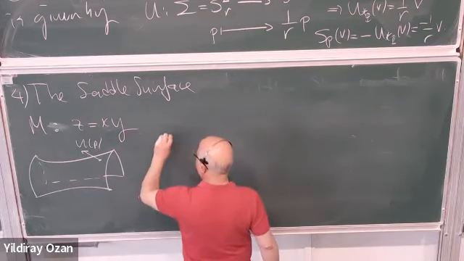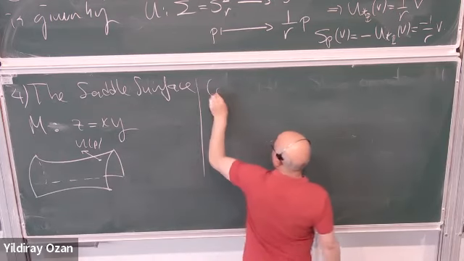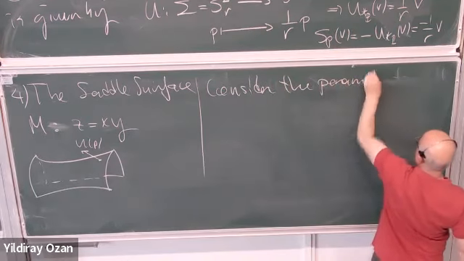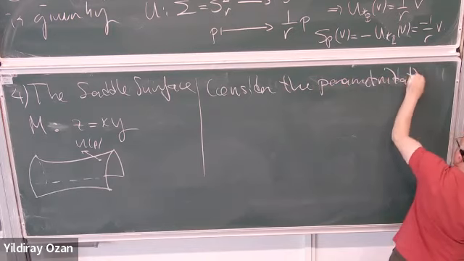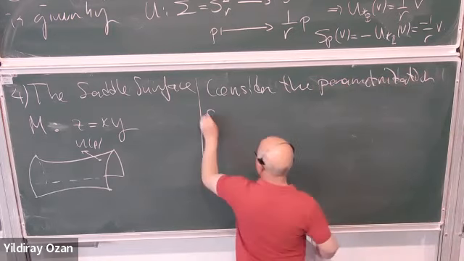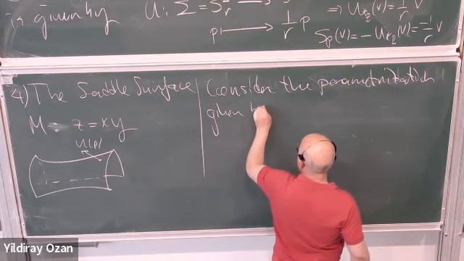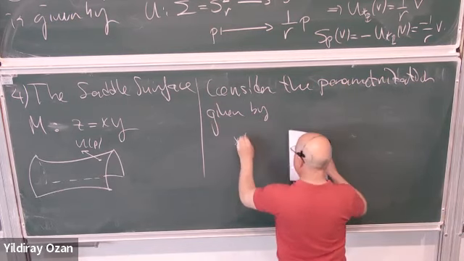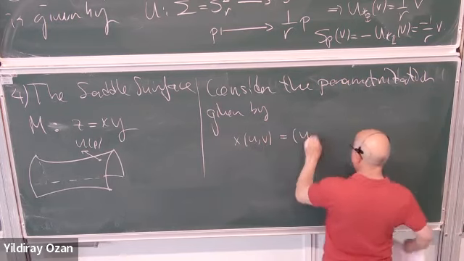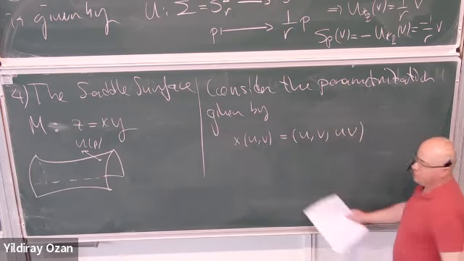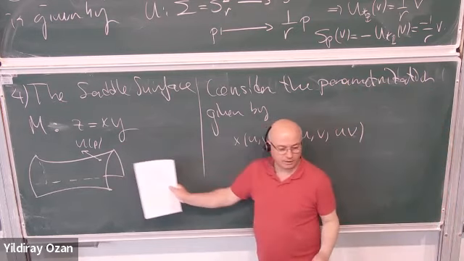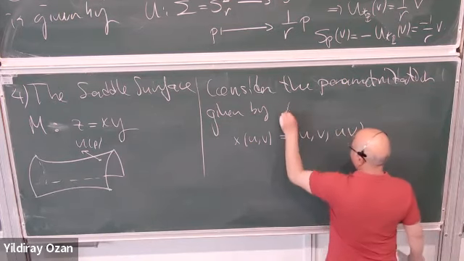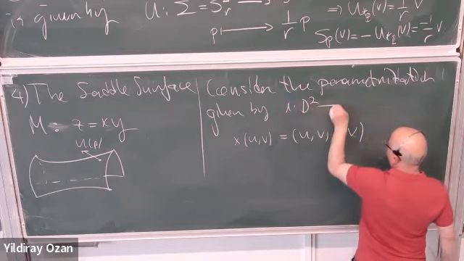For this, I consider the parameterization given by x. Here this x is not this x, okay? It is the parameterization x. It's a function from D2 into R3.